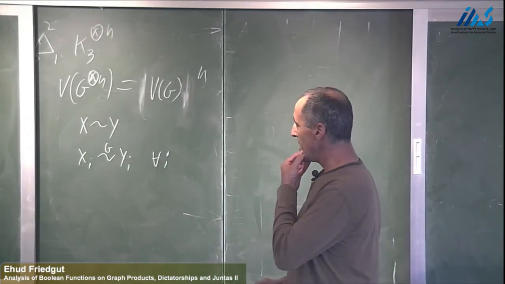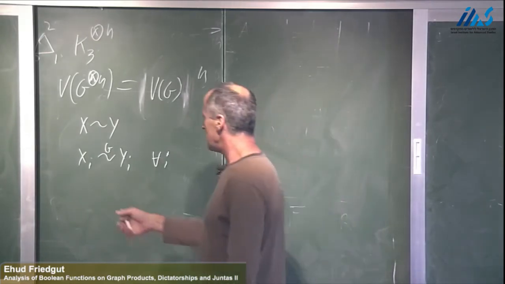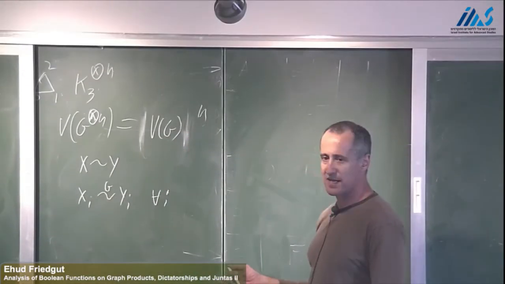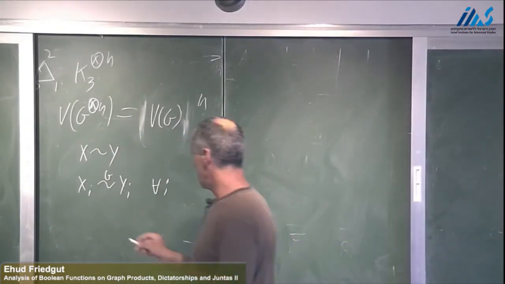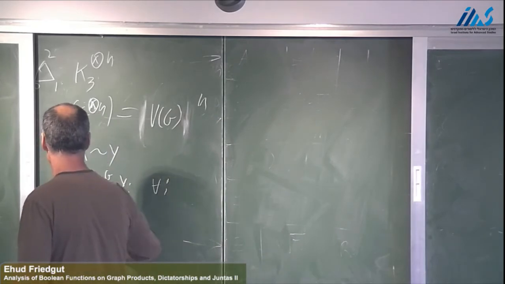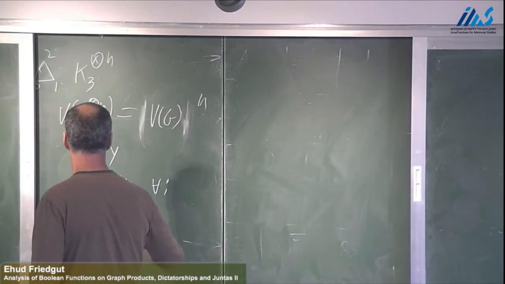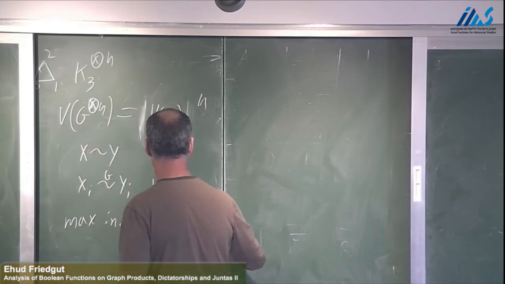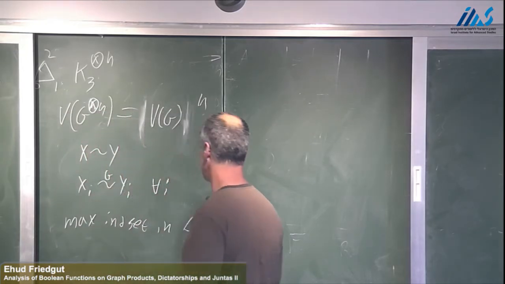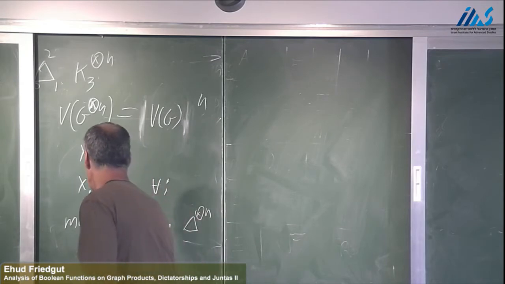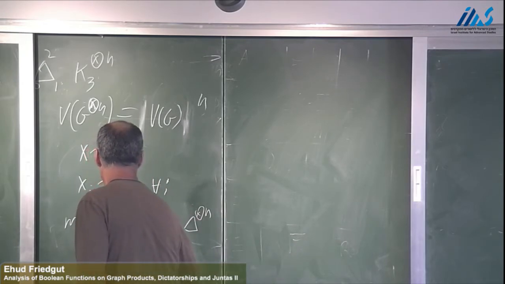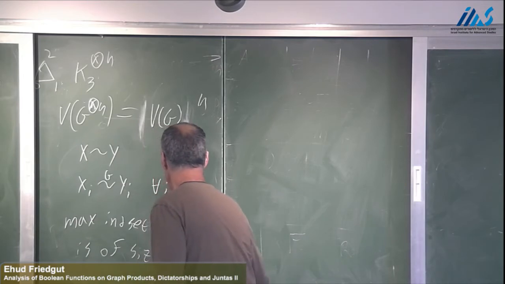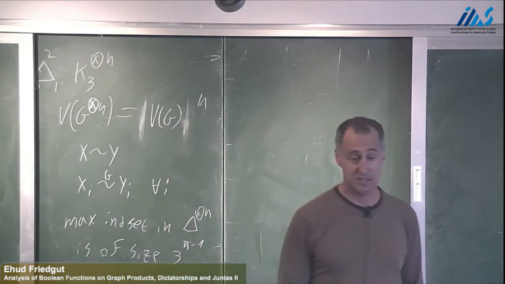Okay, so I want to say something slightly stronger. I want to say that the max independent set in the nth tensor power of K3 is of size 3^(n-1). So every color class is an independent set.